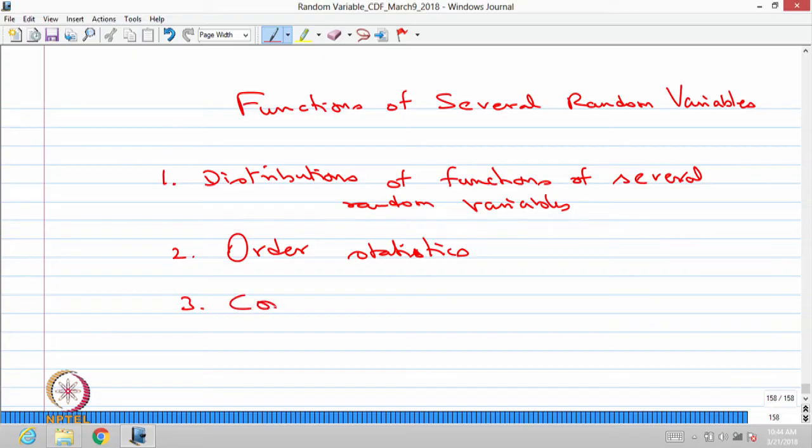Third, we are going to discuss conditional distribution. The way we discussed conditional probability of an event, we are going to discuss conditional distributions when we discuss several random variables. And followed, we are going to discuss random sum.